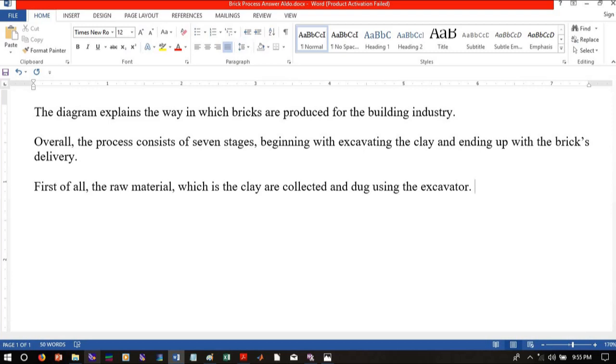Here you may use the word digger, okay, but I prefer the excavator.